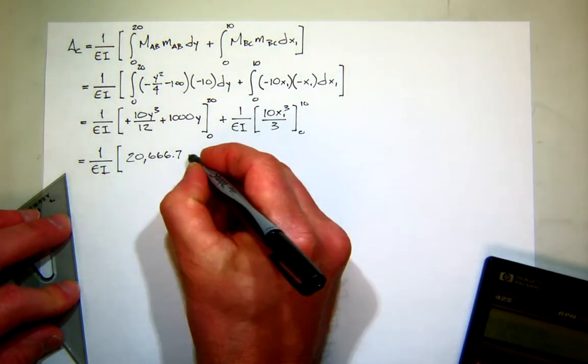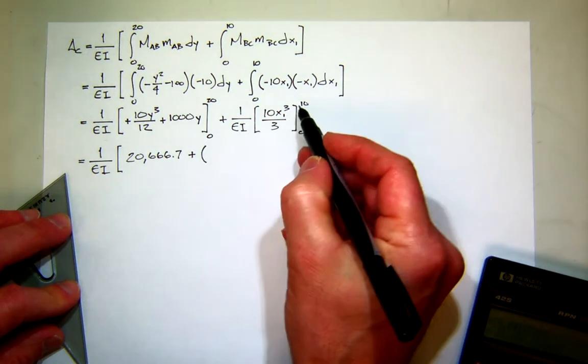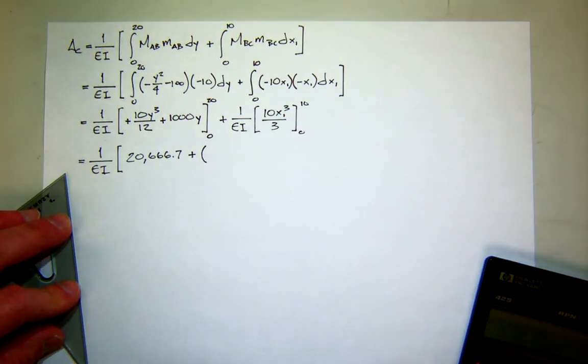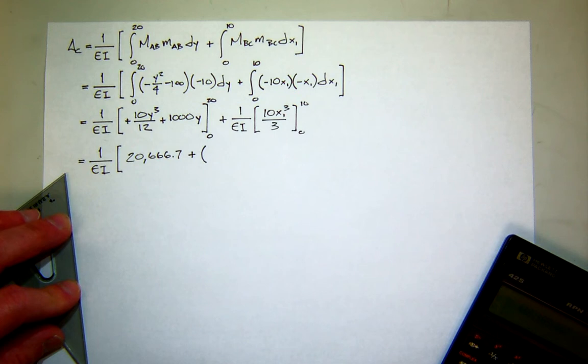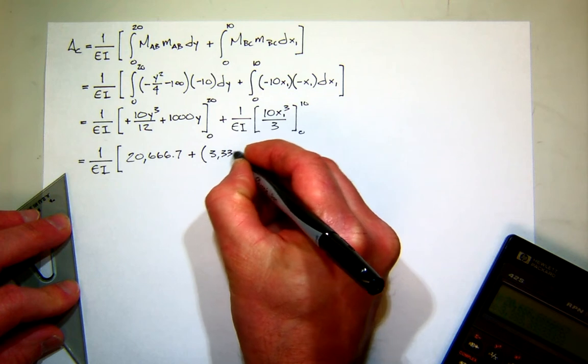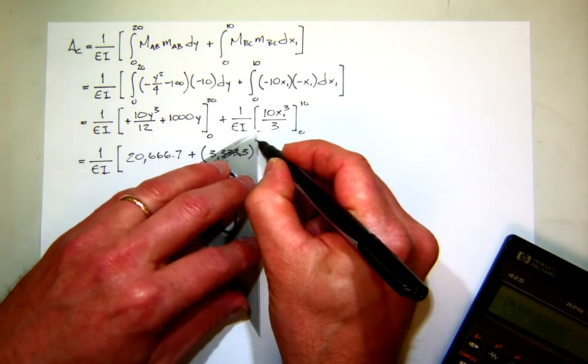That's that term. Plus this stuff over here. And that's just 10. That's 1,000. That's 10,000 divided by 3. And we know 10,000 divided by 3 is just 3,333.3. I don't know why I put that bracket there, but I'll close it up anyway.